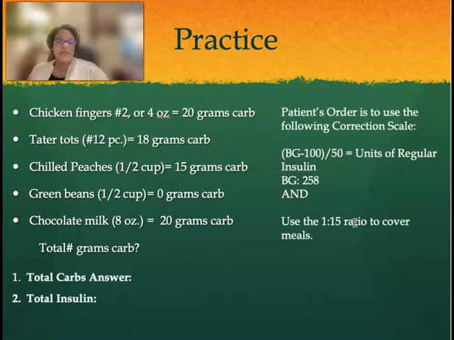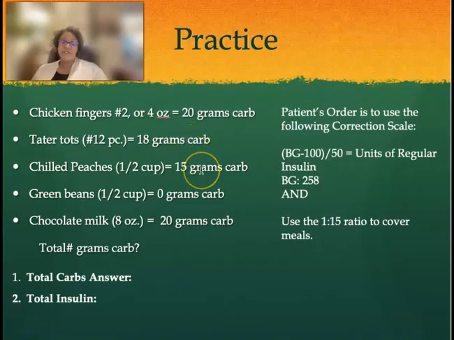In this particular one, let's just say the child ate chicken fingers, half of the tater tots, no peaches, all the milk, and no green beans. So in class, I want us to do this one together. Of course, you guys will probably figure it out before we come together. But again, the child ate all the chicken fingers, half of the tater tots, which will be 9 grams.